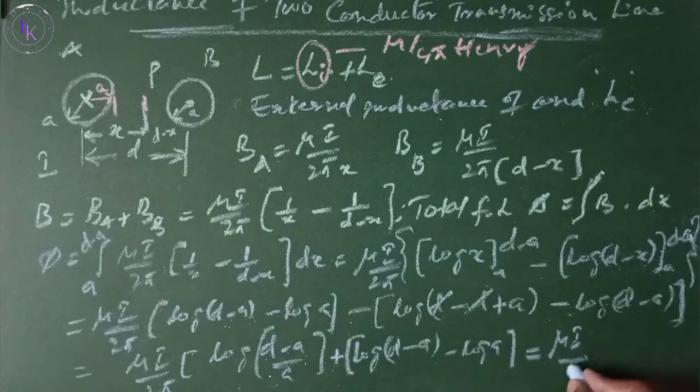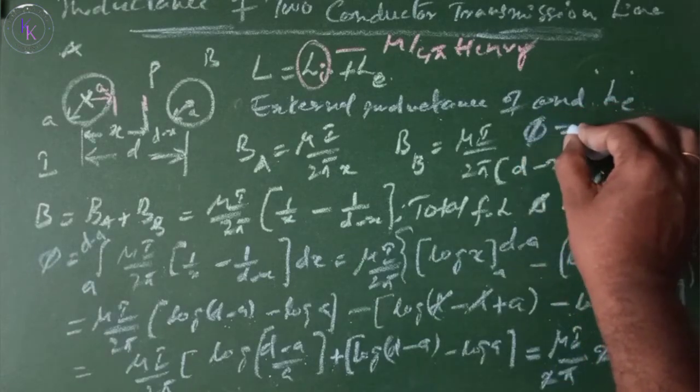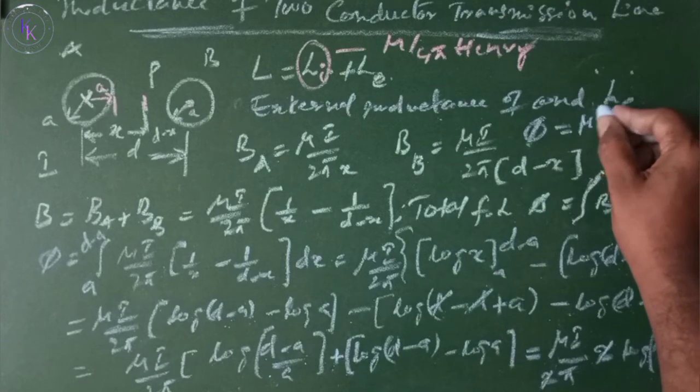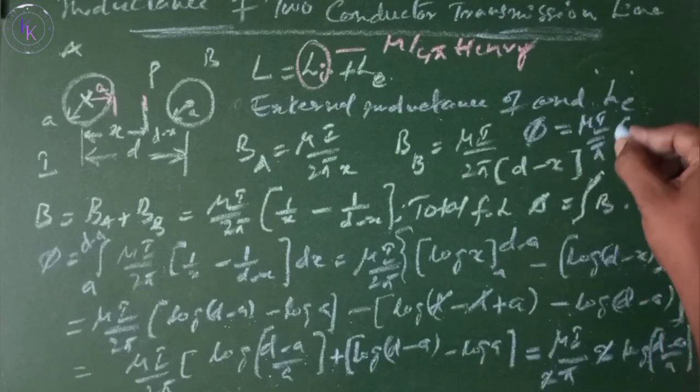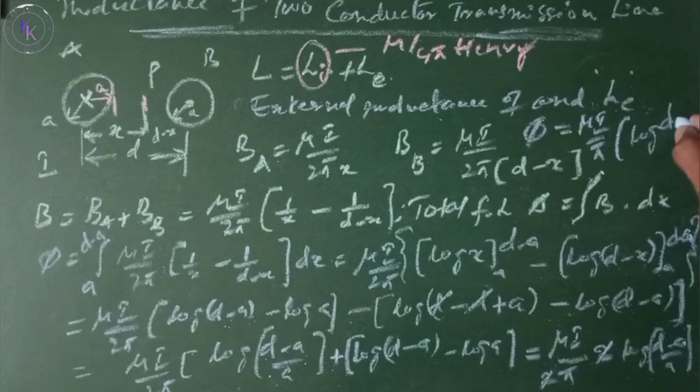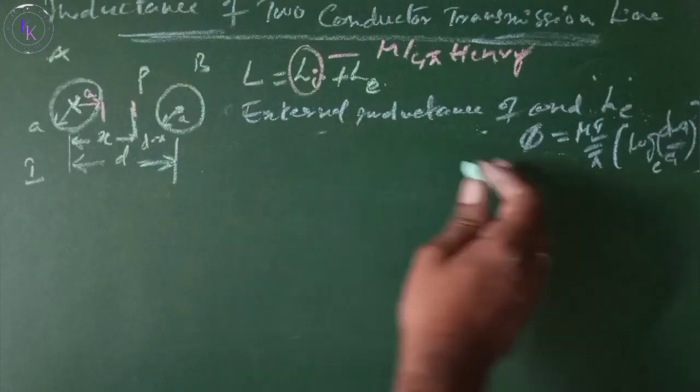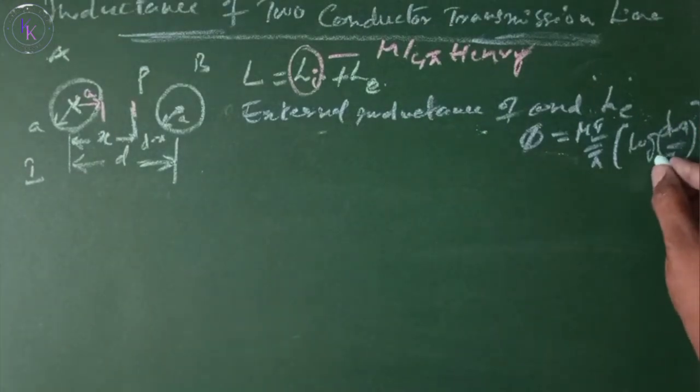So mu I divided by 2 pi times 2 times log d minus a by a. The 2 gets cancelled. Flux phi is given by mu I divided by pi log d minus a by a. This is our flux. We got the flux. All these logs are to the base e.